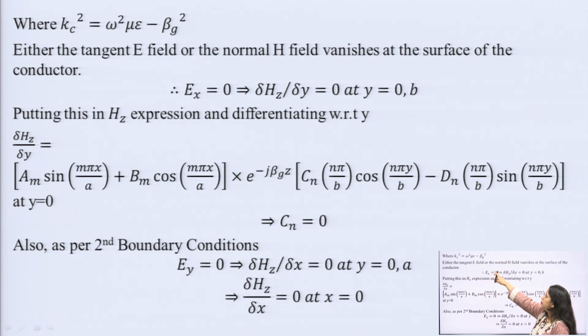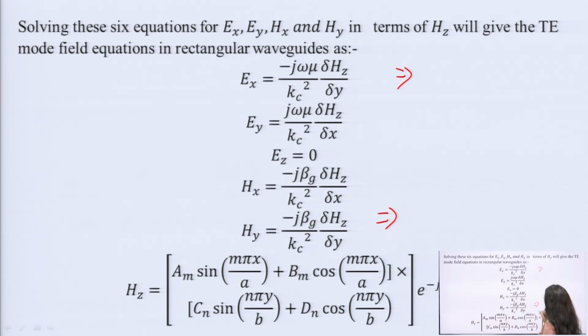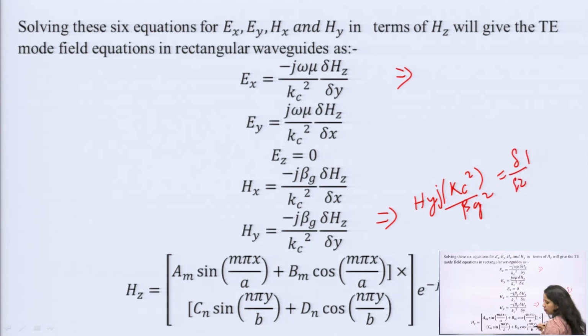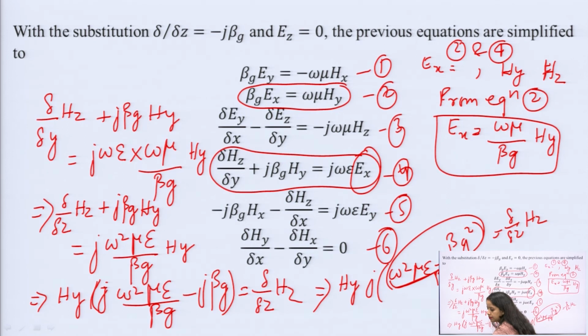Omega square mu epsilon minus beta g square is replaced with Kc square. So, what we have? Hy = j Kc square by beta g square times del upon del z, del upon del y of Hz. Yes, this is y here, we have to correct it.